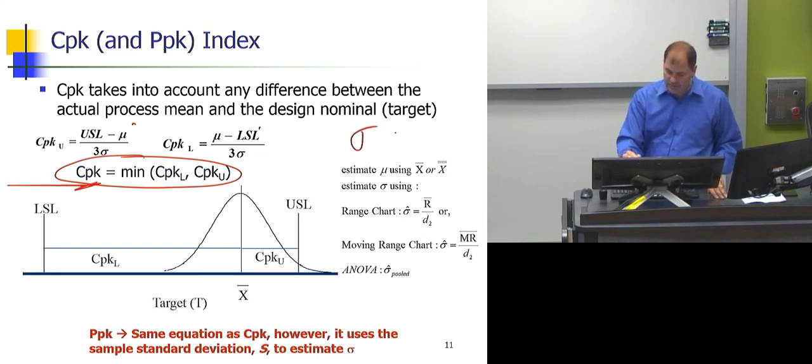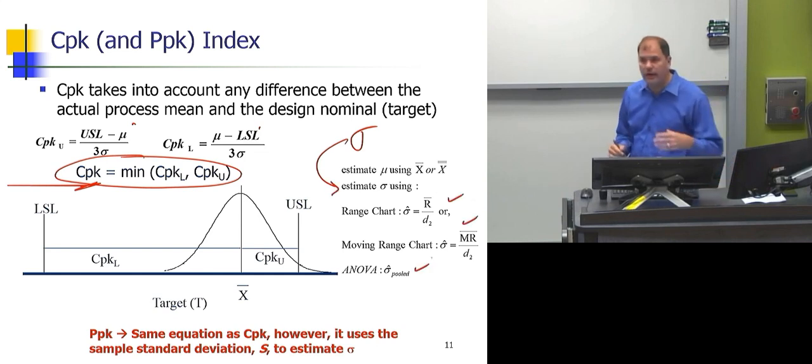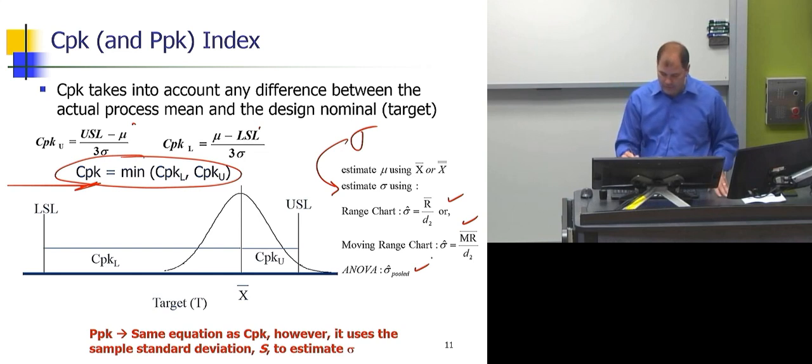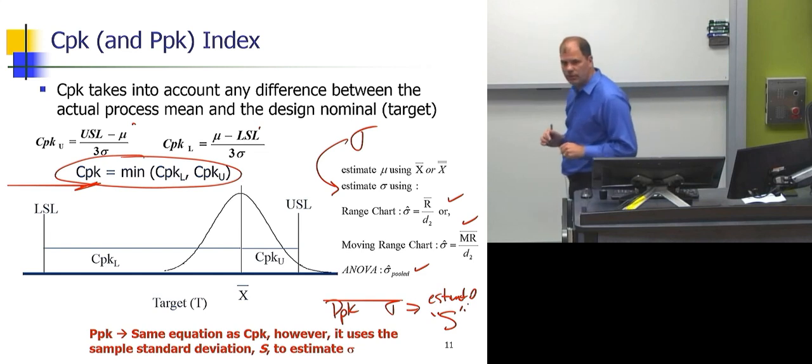I notice that sigma can be used as R bar over D2, MR bar, or pooled. If I use PPK, sigma is estimated using what? Sample standard deviation.